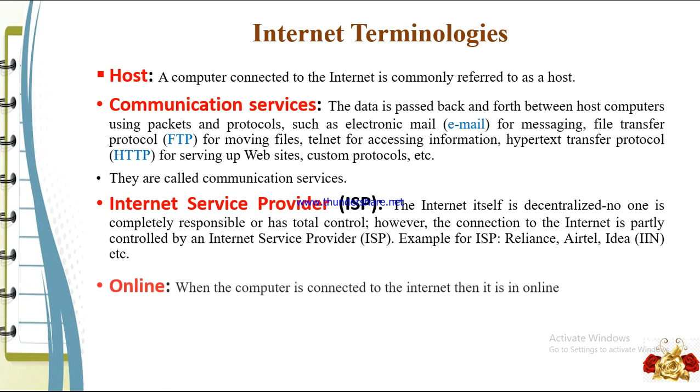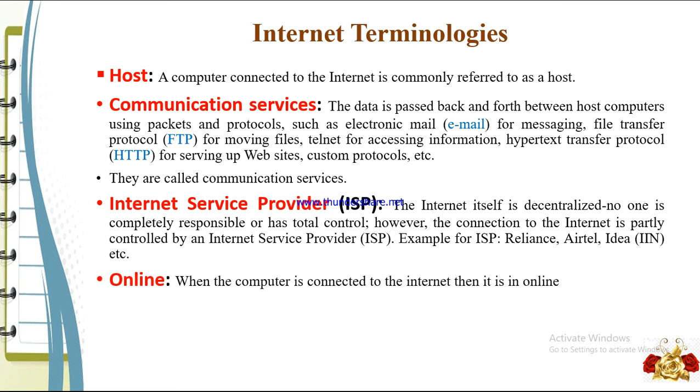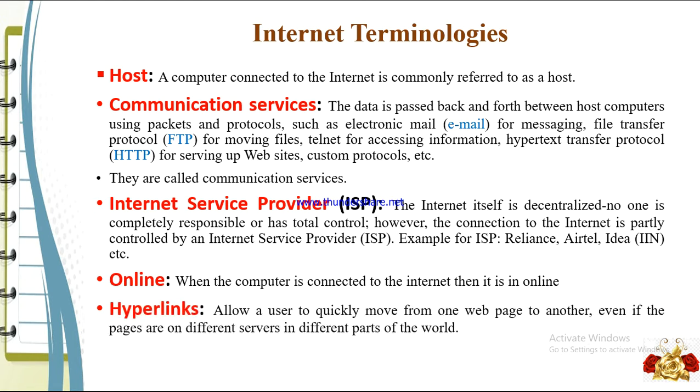Online: when a computer is connected to the internet, it is online. Then hyperlink: a hyperlink allows a user to quickly move from one web page to another, even if the pages are on different servers, different parts of the web.